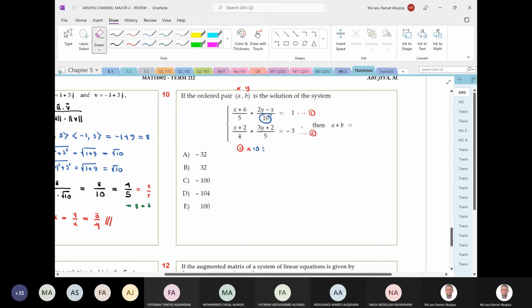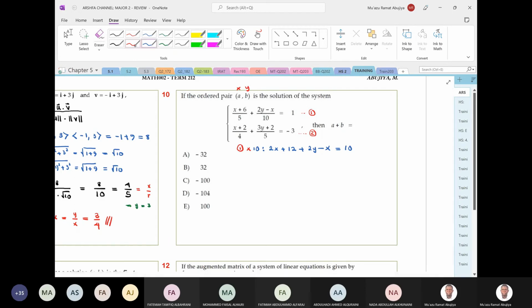So if you multiply by 10, then this 10 will cancel here, and we are going to be left with 2. This 10 we cancel with this 10. So this 2 we multiply here, we get 2x. The 2 we multiply here is going to be plus 12. But because this 10 cancels with 10, here we are left with 2y minus x, and this is going to be multiplied by 10, and this is equal to 10.